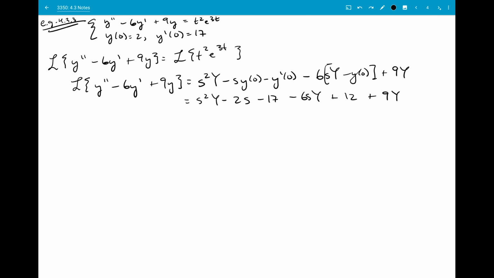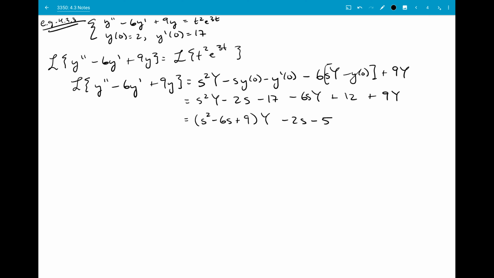Then because we know that eventually we're going to have to solve for capital Y on one side and everything else on the other, let's go ahead and factor out. We're looking at s squared minus 6s plus 9 as all the things that are multiplied by Y here. Everything that's left over is minus 2s minus 17 plus 12, so minus 5.